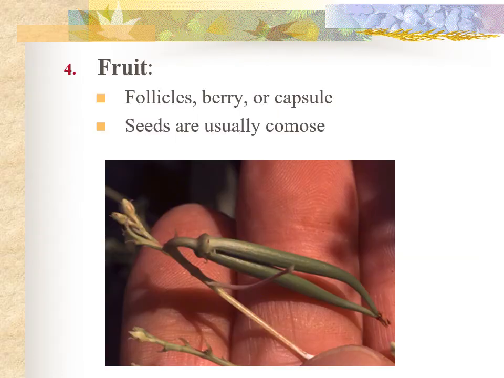Moving on to the fruit in the Apocynaceae, we usually see follicles, but we do sometimes see berries or capsules. And the seeds themselves are usually comose, meaning they have tufts of soft hair, and these would aid in dispersal by wind once the seeds are dehisced from their follicles or capsules.